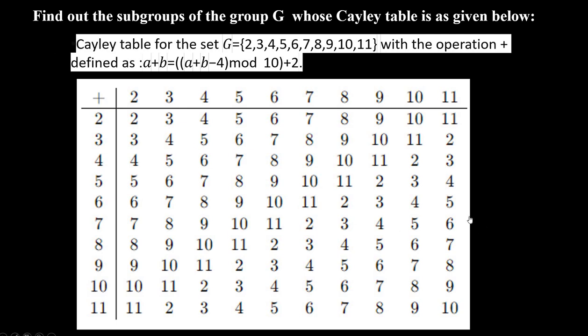So when you compute your normalizer of an element or subgroup or commutator subgroup, you will have them to be trivial. That is, you will have it as either the singleton E or G itself. But that doesn't mean that it does not have any proper subgroup. So we will have to compute.